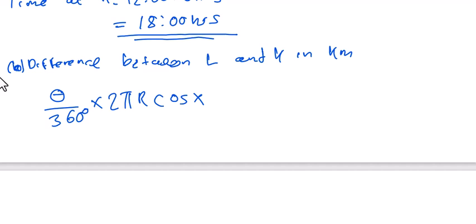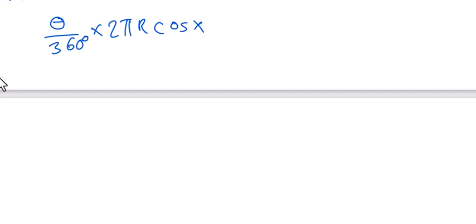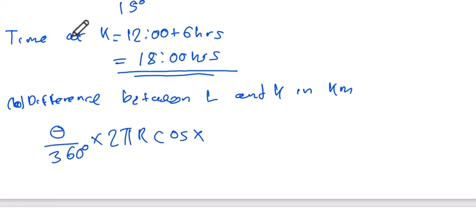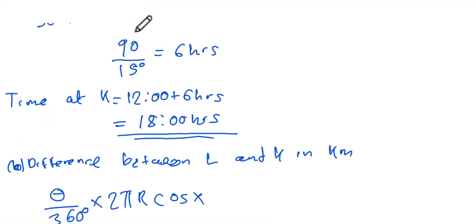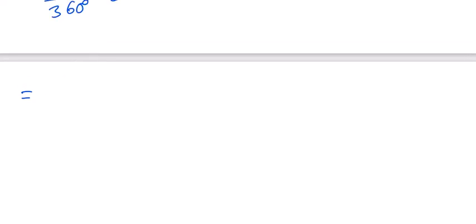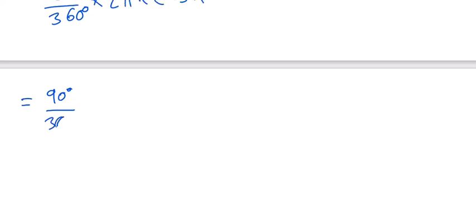In this particular case, we replace our variables with what we have in our equation. We know the difference in longitude is 90 degrees. So we replace 90 degrees over 360, 360 multiplied by what?